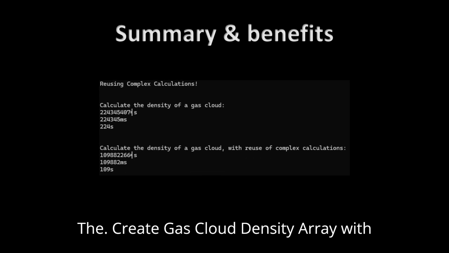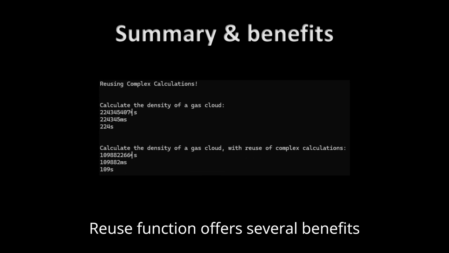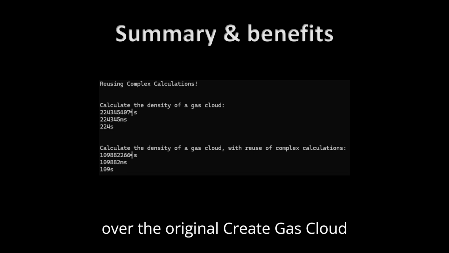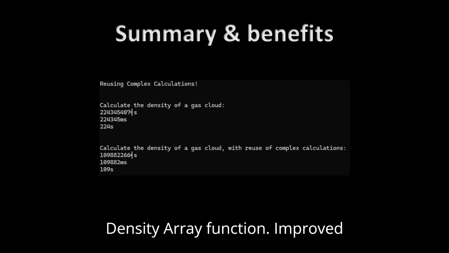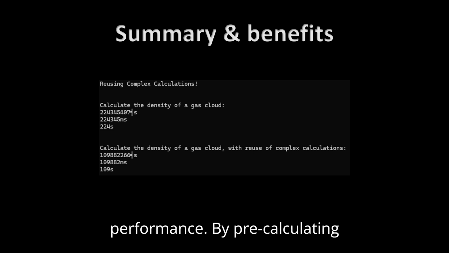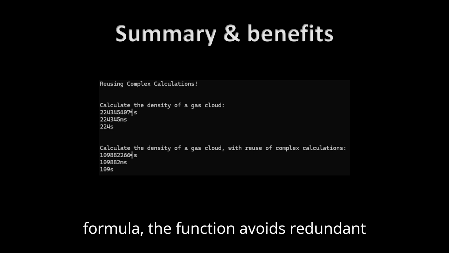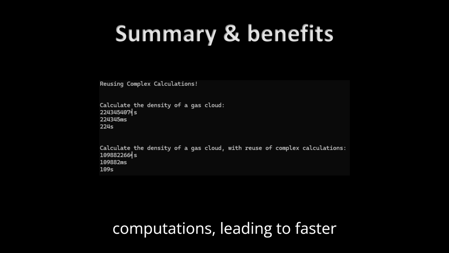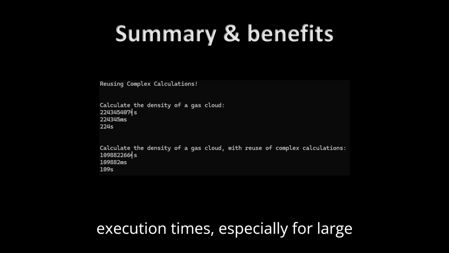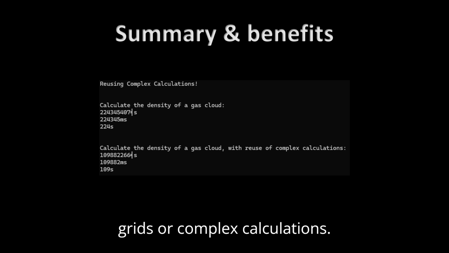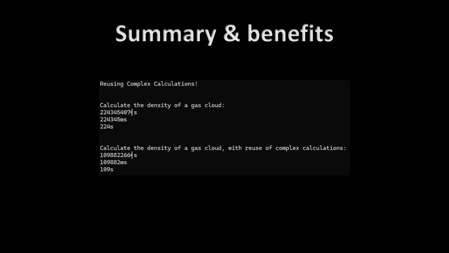The Create Gas Cloud Density Array with Reuse function offers several benefits over the original Create Gas Cloud Density Array function. Improved performance. By pre-calculating reusable parts of the concentration formula, the function avoids redundant computations, leading to faster execution times, especially for large grids or complex calculations.